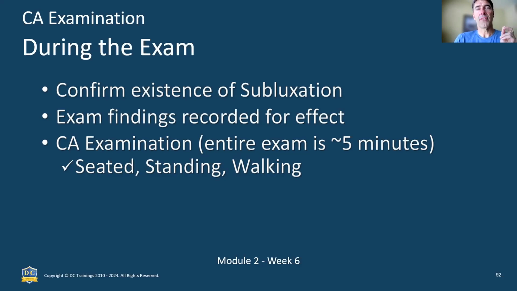So I have 3 categories for you to do in your exam, which is the seated part first, standing part second, and last part is walking. What does that mean? In a seated position, you can have the patient sitting on a chair or on an adjusting table, either way, but you might do cervical tests, right? Cervical range of motion, rotation, flexion, extension. Those types of tests can be done in a seated position, because the CA can be positioned in a way that they can move the patient around as they're doing the test.